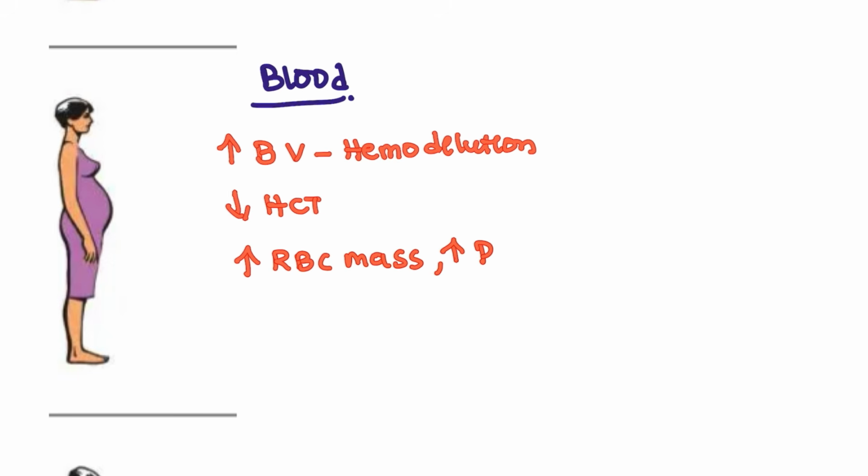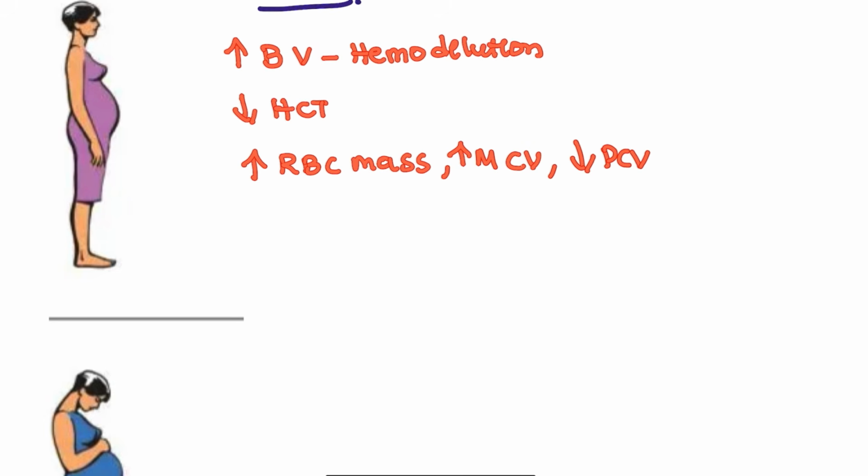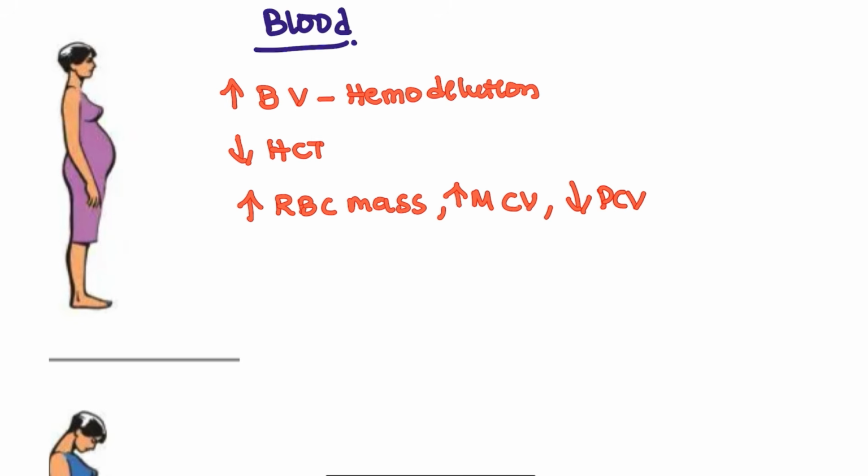So the total packed cell volume will be decreased. Sorry, this is the MCV. MCV will be increased and PCV will be decreased. So this is the overall blood picture that will be seen.